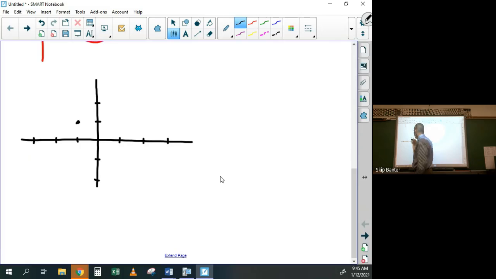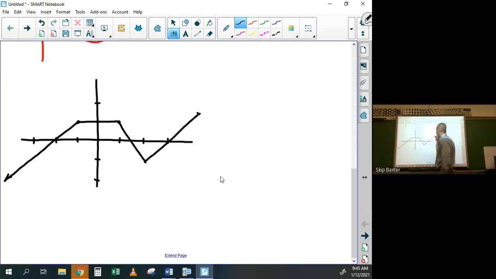So this point, negative 1, 1. Okay, and then it goes across there and down to here. And then like that. So suppose that's f of x. I'll give you a second to copy it down.